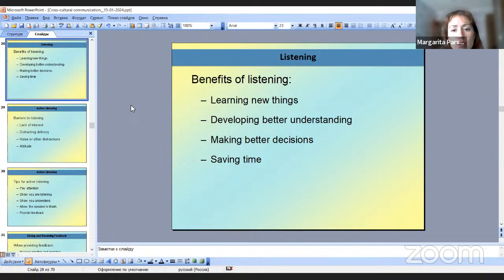Saving time, of course, we can say that is also the benefit of good listening, because when you're not listening to the other person, you just make your own conclusions, you make your own hard decisions. If you do not listen to the other person, you don't possess the whole information, and of course you will not make a good decision, and also you will lose time.